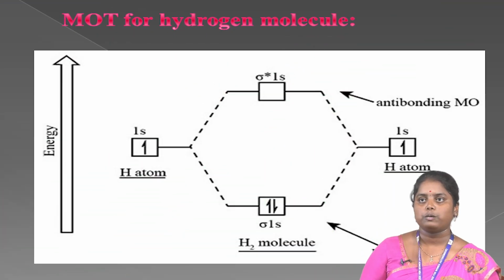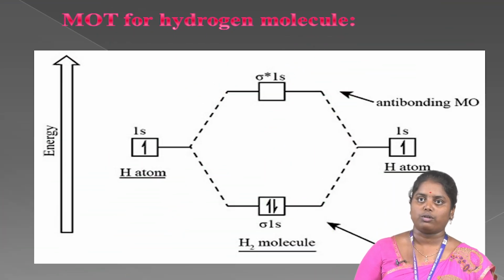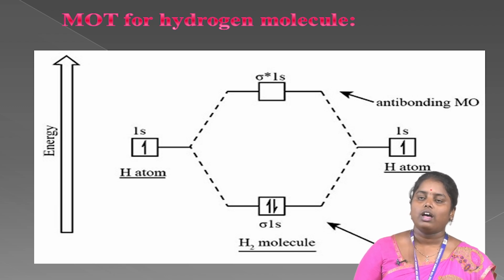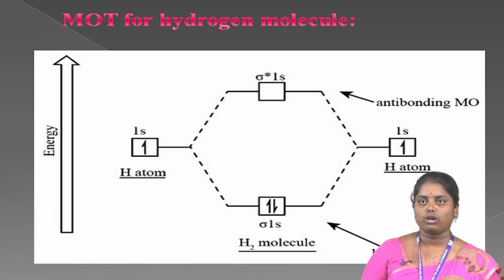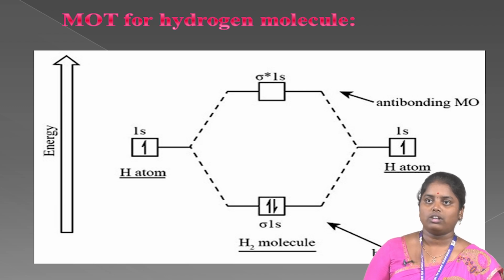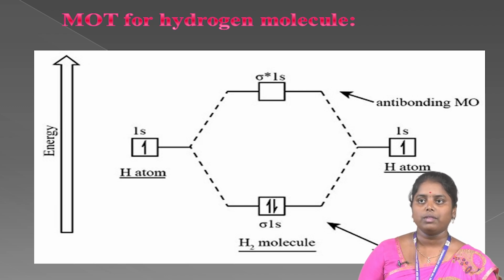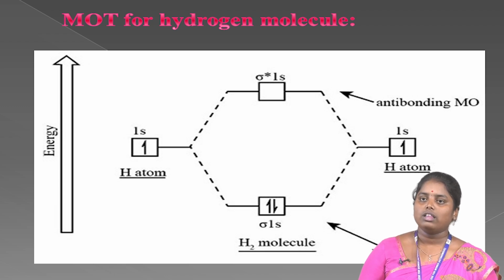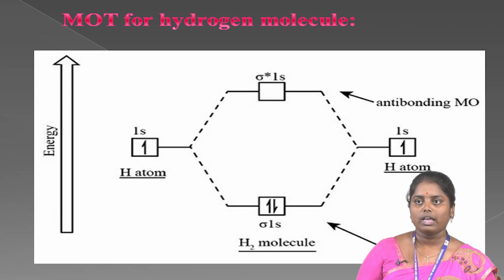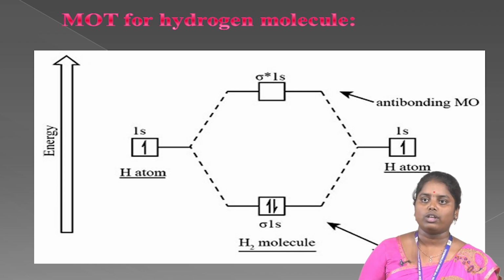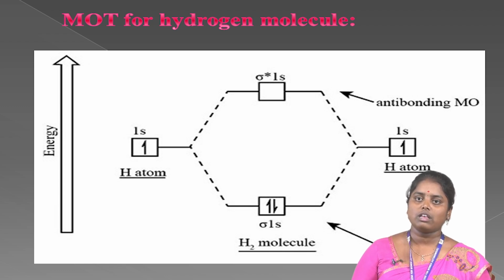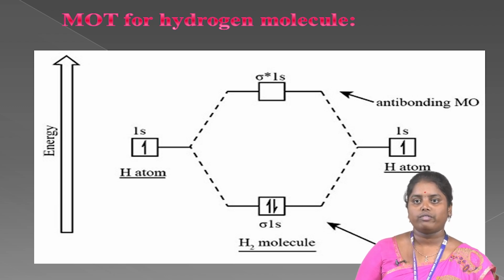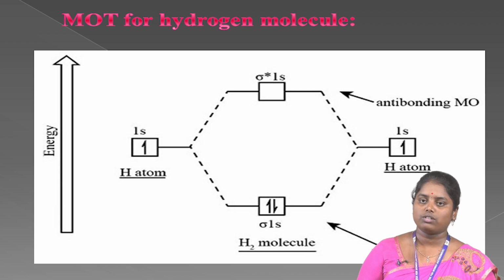Next, let's discuss the MOT of the hydrogen molecule, that is, the molecular orbital theory diagram for the hydrogen molecule. The hydrogen molecule is formed by the combination of two hydrogen atoms. Each hydrogen atom has one electron in the 1s orbital. Therefore, in all there are two electrons in the hydrogen molecule, which are present in the sigma 1s molecular orbital. So, the electronic configuration of the hydrogen molecule is sigma 1s2.